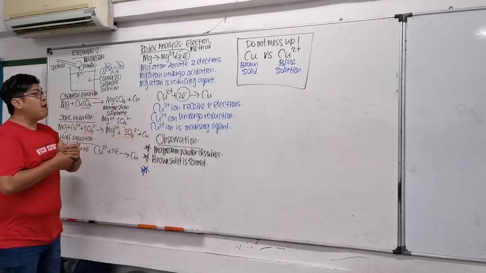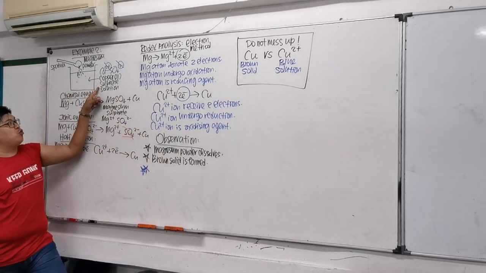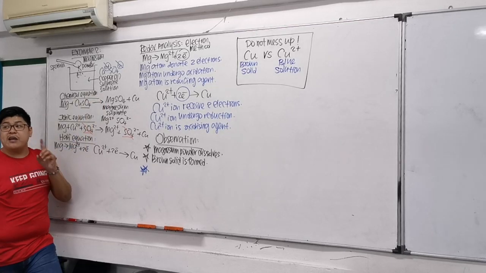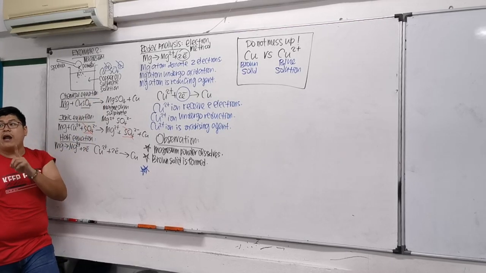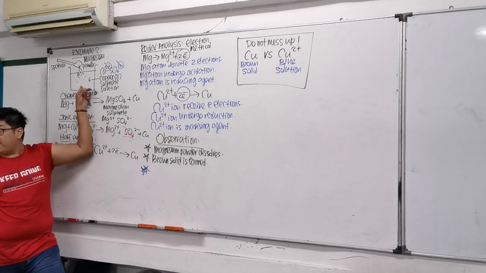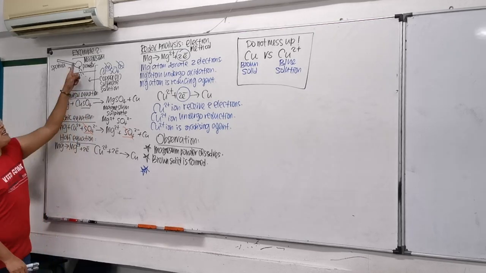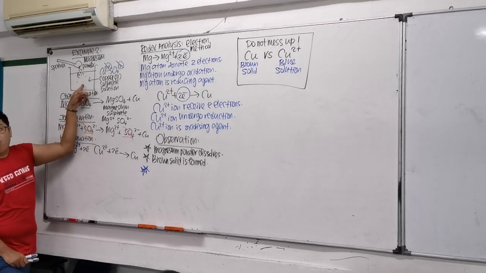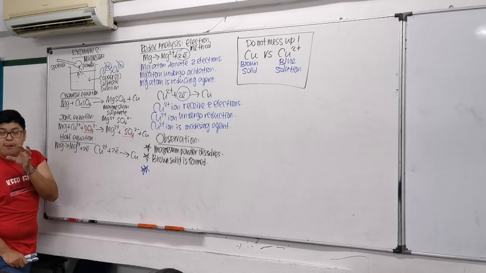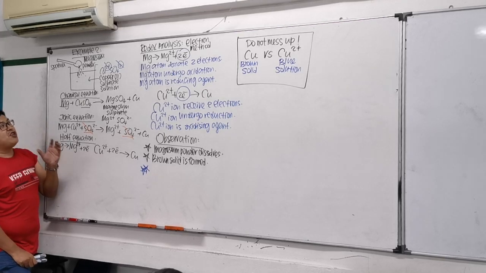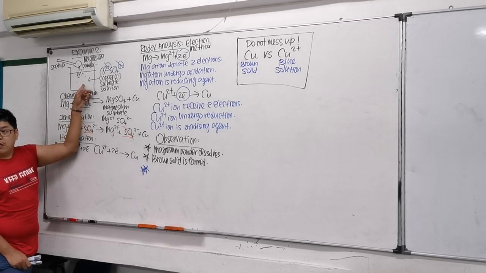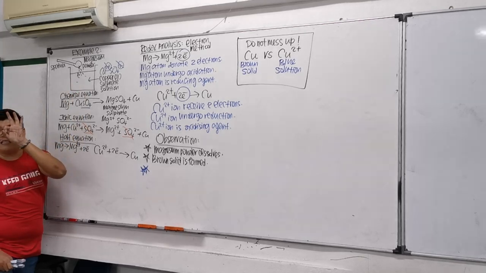SPM always loves to ask you about copper(II) sulfate solution because they want you to tell them what happened to the blue color. Any solution with Cu2+ has an original color of blue. Your blue color has 3 possibilities.